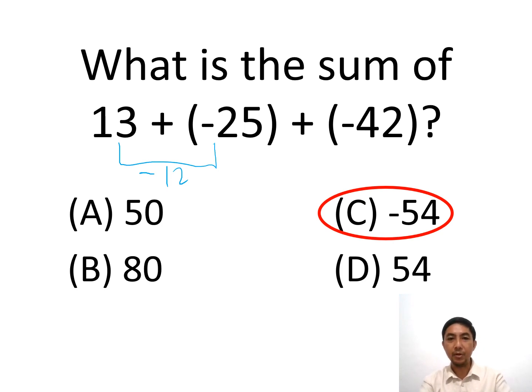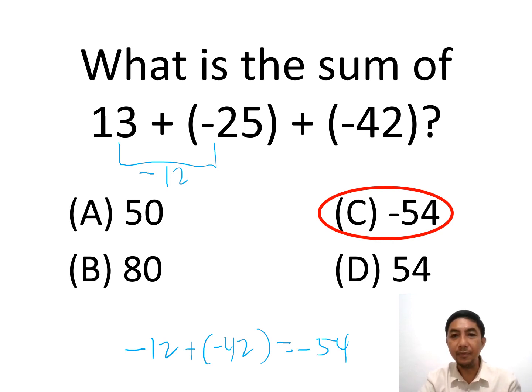Then after that, we are going to add negative 42. So negative 12 plus negative 42 will give us 54. But since the two numbers have the same sign, we copy the common sign, which is negative. So the final answer is negative 54.